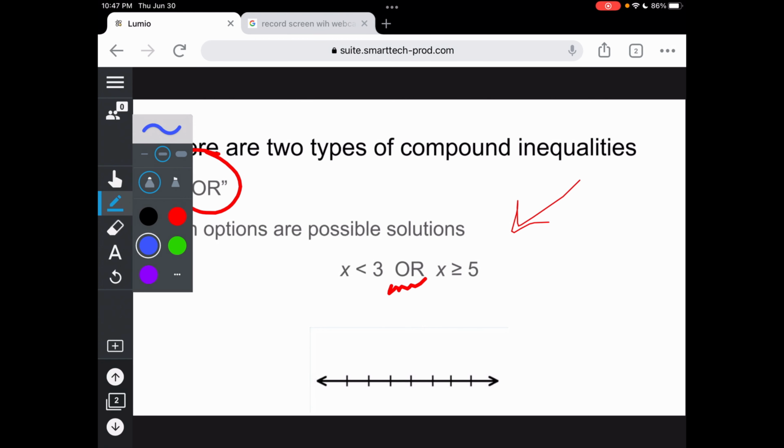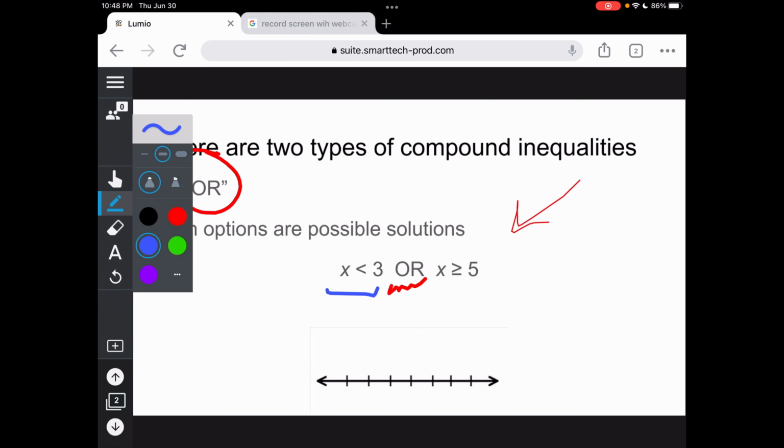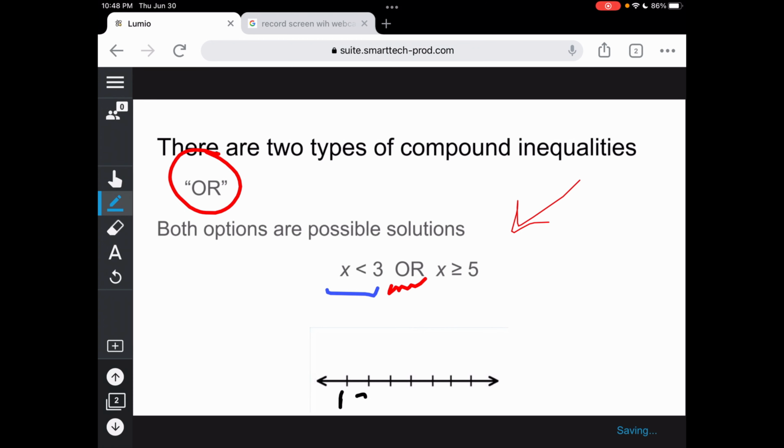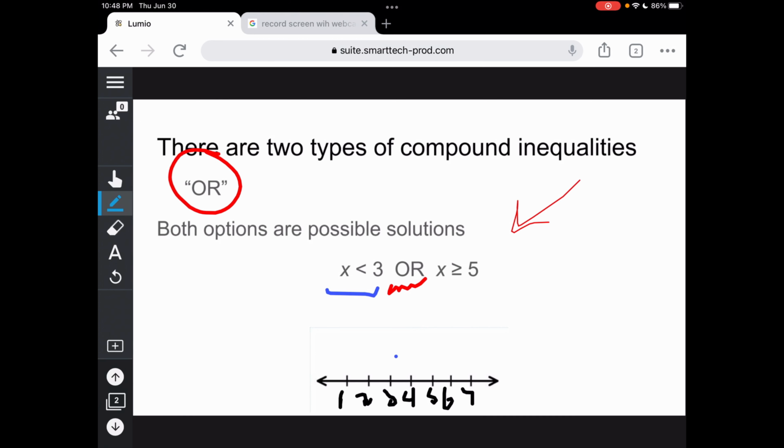So if I were to graph x is less than 3 in blue, let me get a couple numbers up in here. It looks like I could just start out with 1, 2, 3, 4, 5, 6, 7. So I'm going to put a circle at 3. Don't fill it in because I'm not including it.